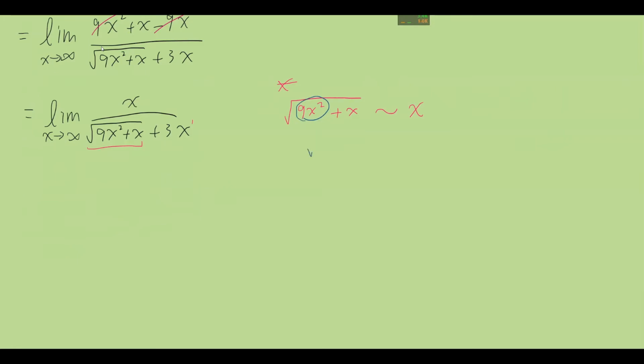So if you just consider the square root of 9x squared and simplify that, that gives you 3x, which has the degree of 1. Okay, so we can say that the square root of 9x squared plus x behaves like 3x, right?